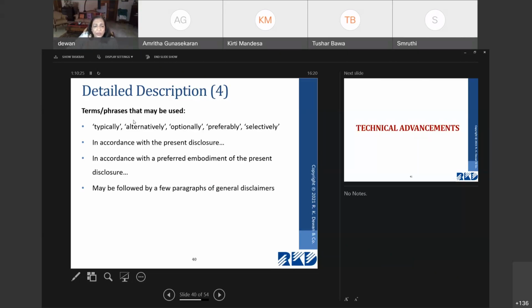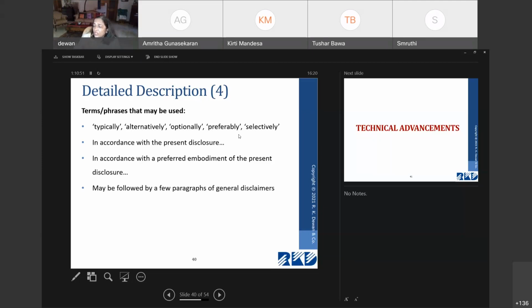Then you can use these terminologies selectively, such as preferably. For example, if you have a temperature range of 100 to 500, but the preferred range is 150 to 250, then you can say my temperature range is 100 to 500, but preferably the temperature range is 150 to 250. Or you can say something like optionally.